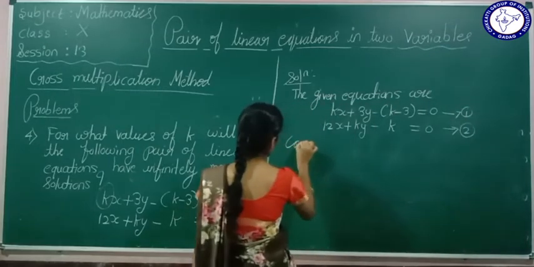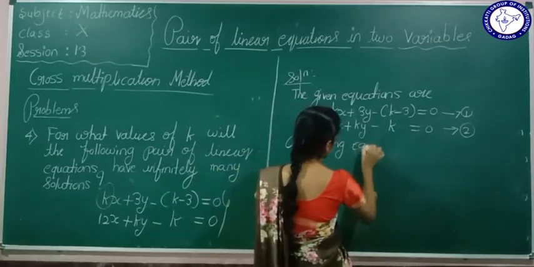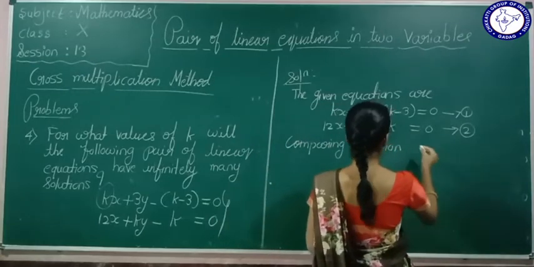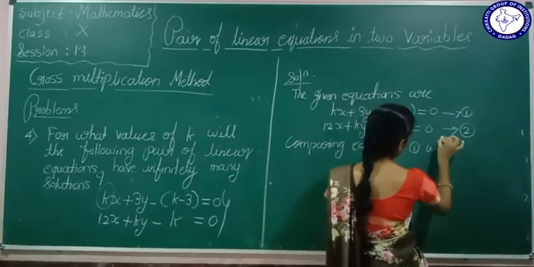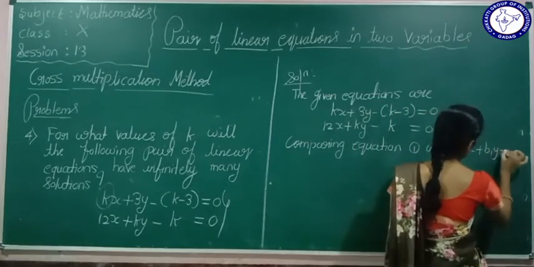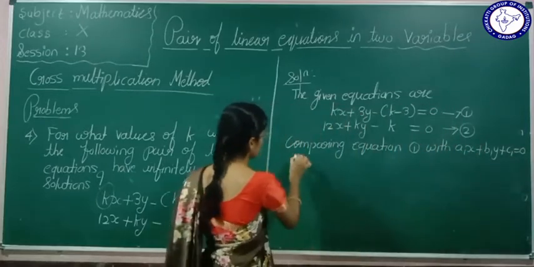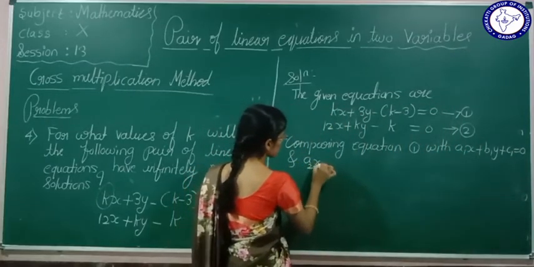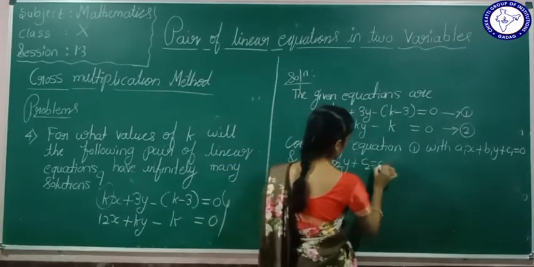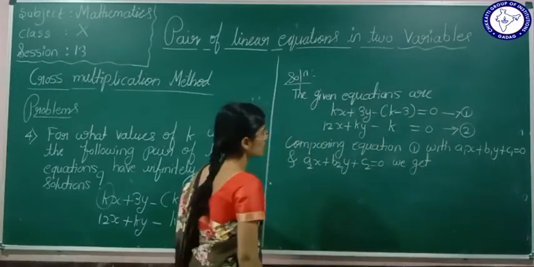So comparing equation 1 with a1x plus b1y plus c1 is equal to 0 and a2x plus b2y plus c2 is equal to 0, we get. So what do we get, students?